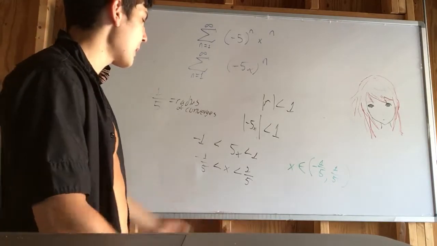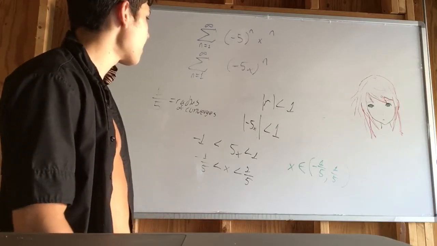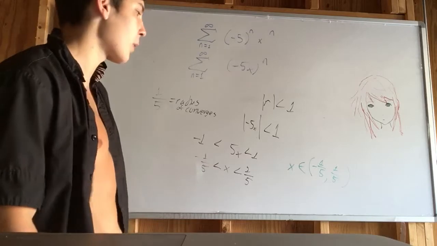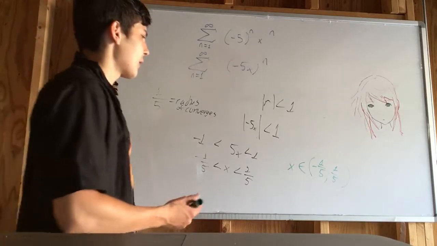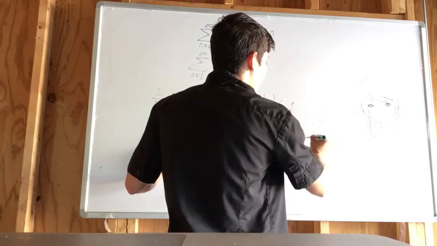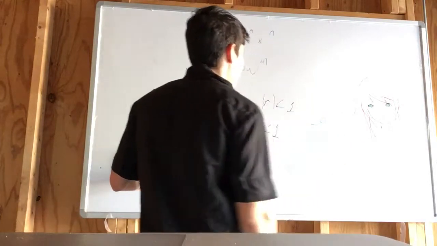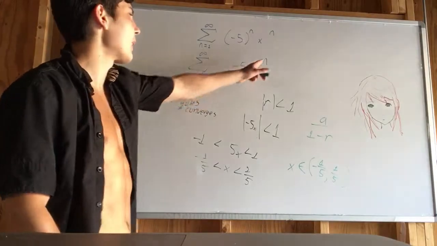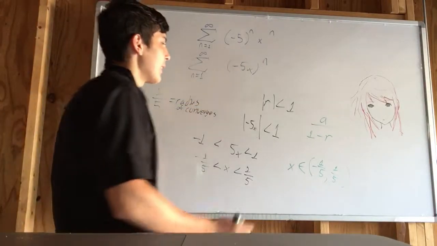So that's it. We have it, and what would it sum to? What would it actually sum to? That's a further question we might ask. I don't know if that's actually being asked by the book, but what would it sum to? Well, we have our formula, a over 1 minus r. a would be our first term that we plug in. So if we plugged in 1 over there, we would just get negative 5x.